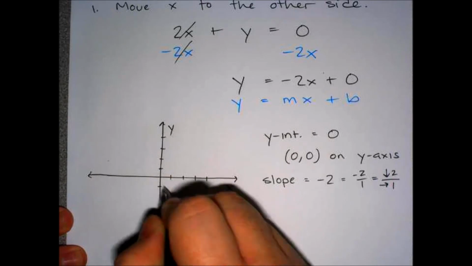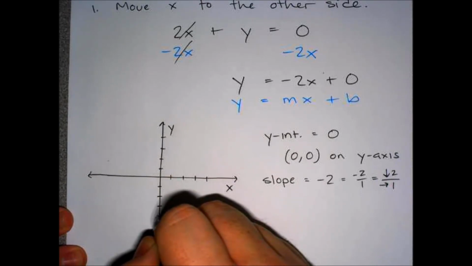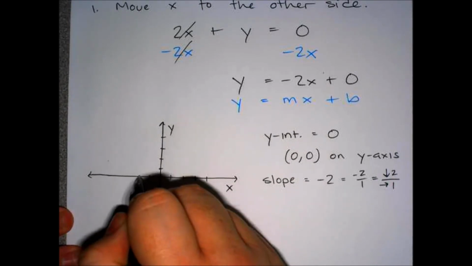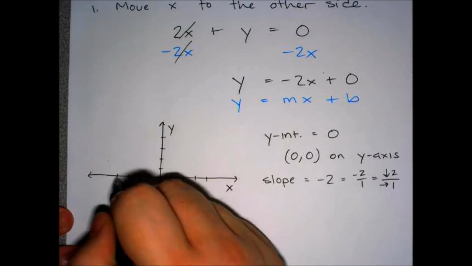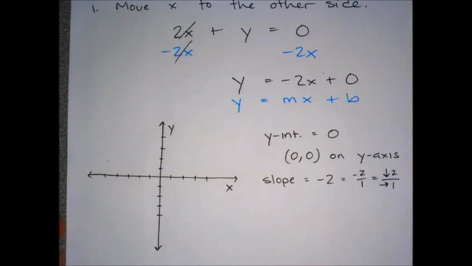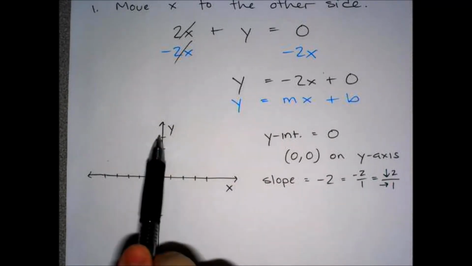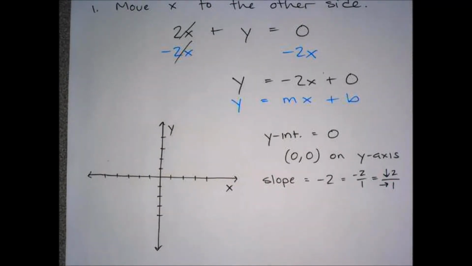I generally use 4 just for the sake of space. Sometimes you have to use more depending on where you cross the x or y axis. Always remember to label that axis with a y and that one with an x. Always label your axes.